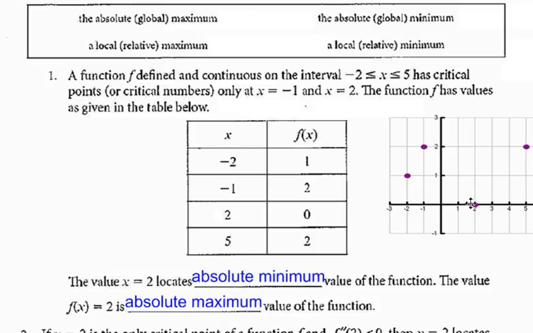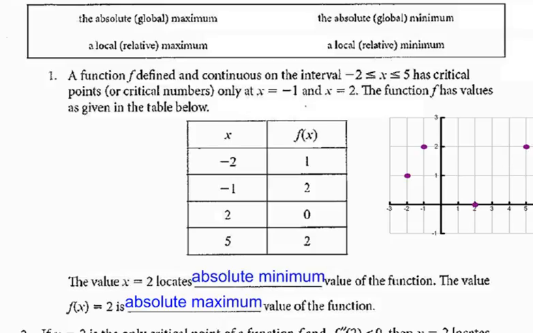Otherwise, there would be another critical point if they had a point that went higher. At x equals -1, f of x equals 2 is the highest point. At x equals 2, the absolute minimum, because if we had any points that went lower, then we would have to have another critical point to turn the graph back around.